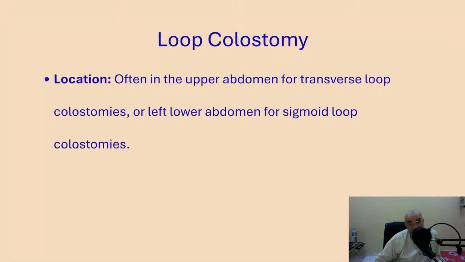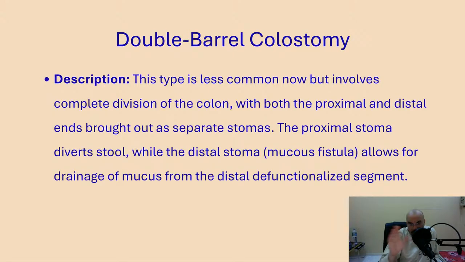As for the location of the loop colostomy, it usually comes in the upper abdomen for transverse loop colostomies or the lower abdomen for sigmoid loop colostomies. It is more common in the upper abdomen compared to the end colostomy, which would be in the lower abdomen. The third type is the double barrel colostomy.